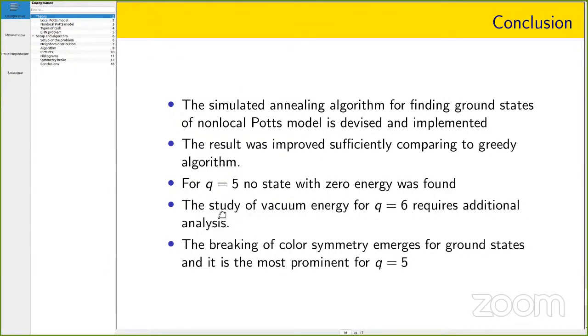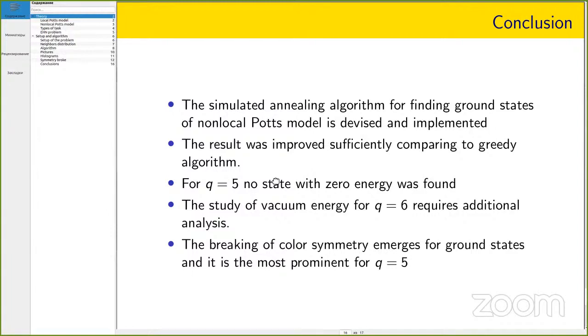I think the main result is that for 5 colors we didn't observe states with zero energy. It can be indirect evidence that one should search for the solution of the Hadwiger-Nelson problem in 6 and 7 colors. And the case of 6 colors is much more tricky.